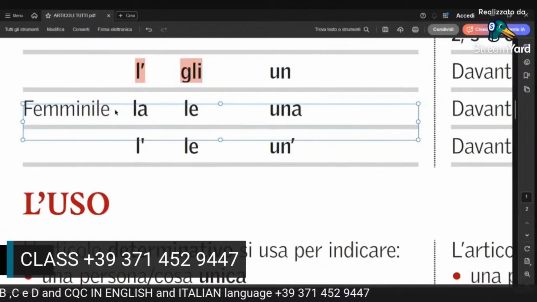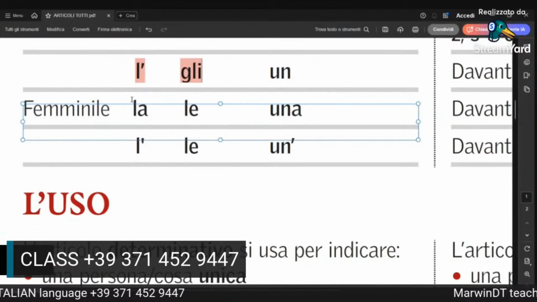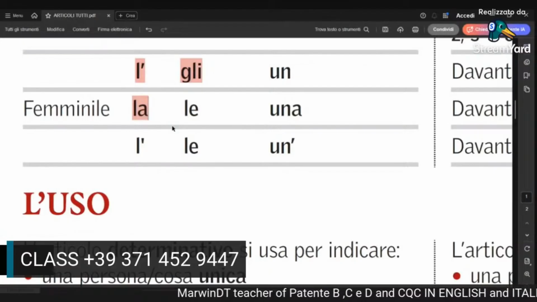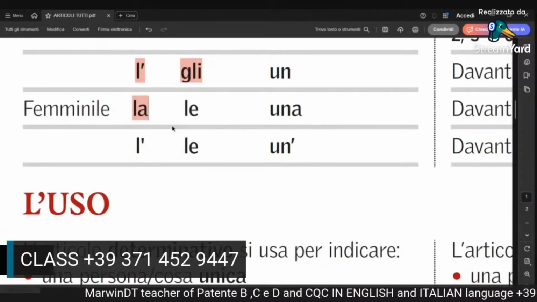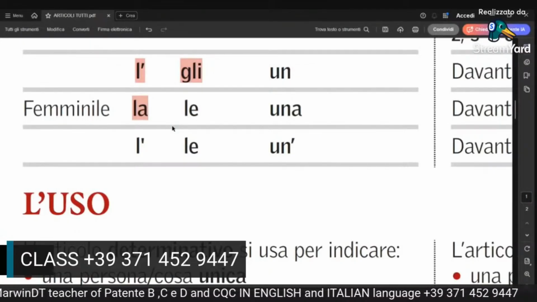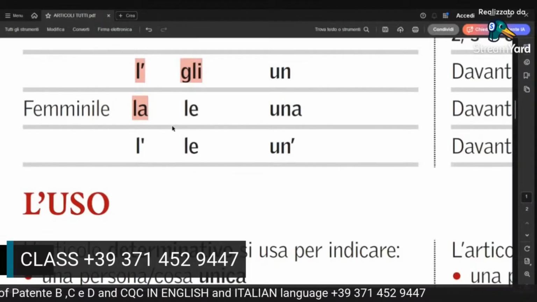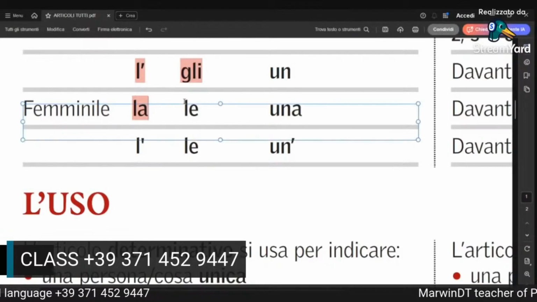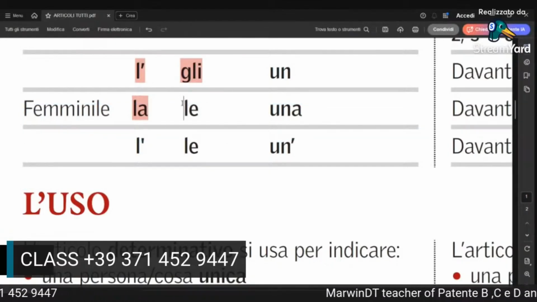Articolo determinativo feminine, the singular is la, which is a single thing, but feminine, which is a female. Then the plural of la becomes le.